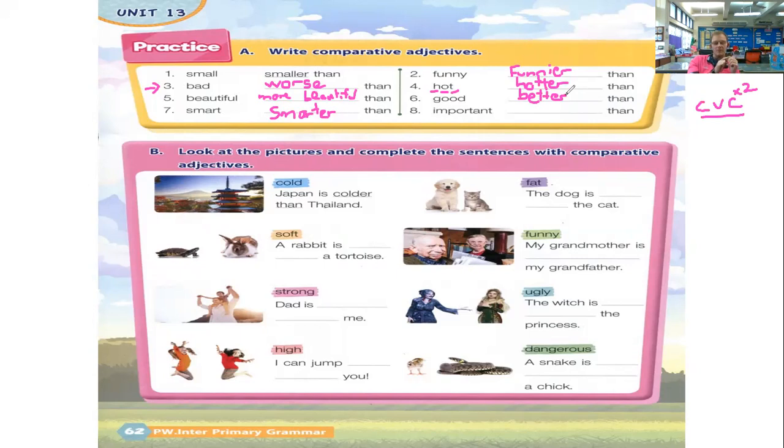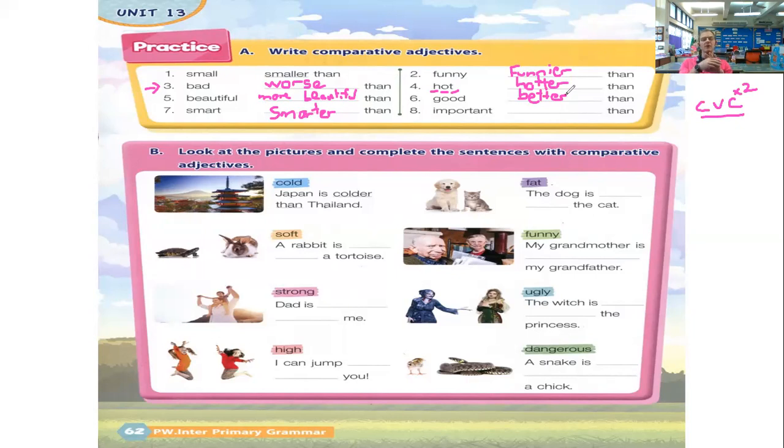What is our comparative adjective for important? More important. Why? I don't know. You don't know, but follow the rule. Look at the word important and we break it apart into different syllables. Important: 3 syllables.